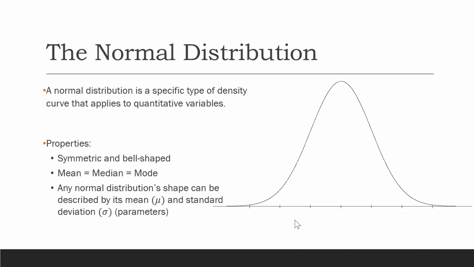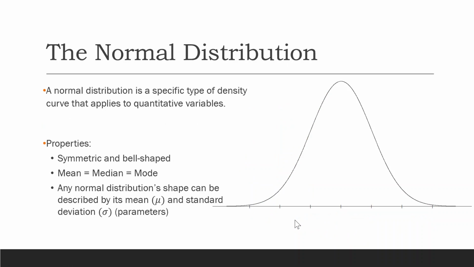Now, there is a special, very popular density curve known as the normal curve or the normal density curve. Here on the slide I have the normal distribution. It is a distribution for quantitative variables, and specifically we want to use this for continuous quantitative variables. We've talked about the normal distribution before. We know that it is symmetric. That means it has a line of symmetry, and each side is a mirror image of the other.